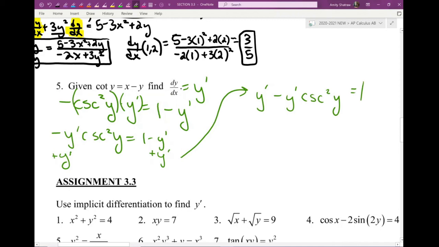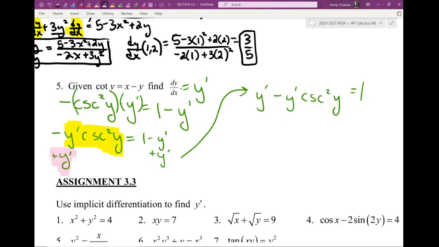Now, these are not like terms. This is its own term, and this is a different term. Cosecant of y squared, imagine it as a constant. It's a multiplier for that y prime. That's the yellow. The pink, y prime's multiplier is a hidden invisible 1.